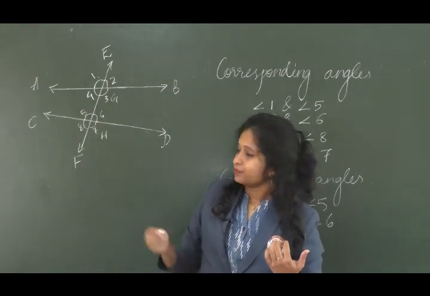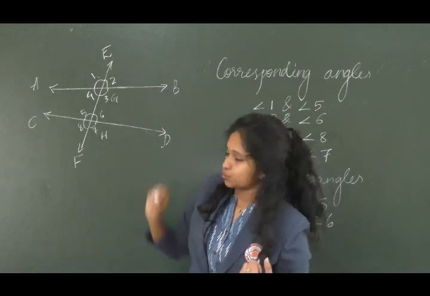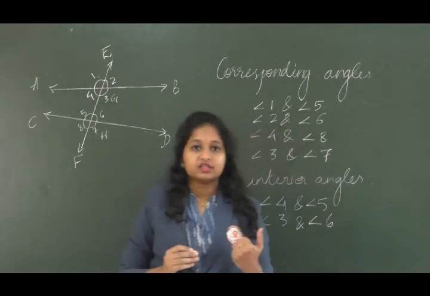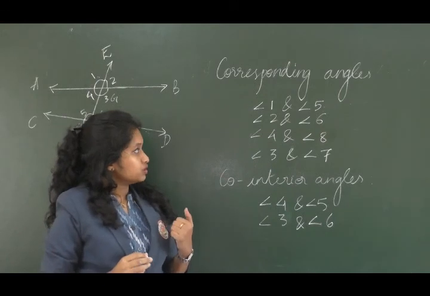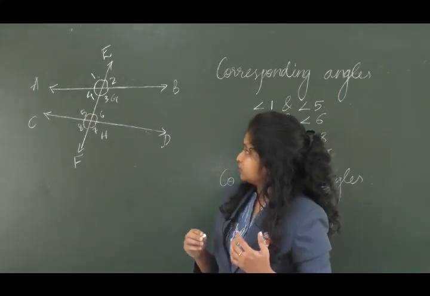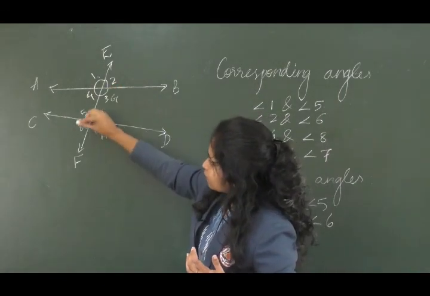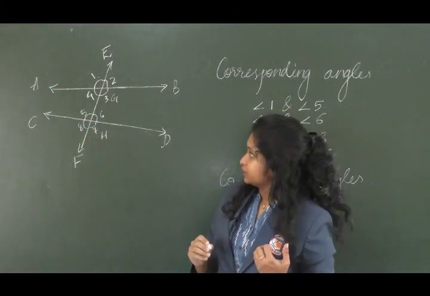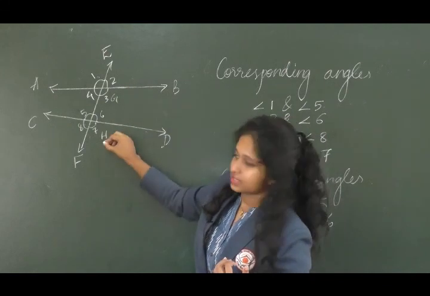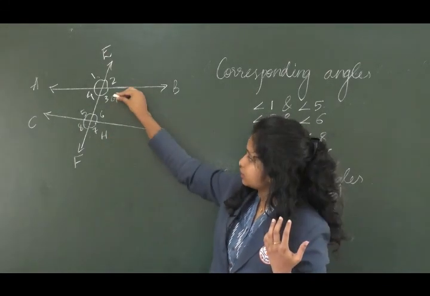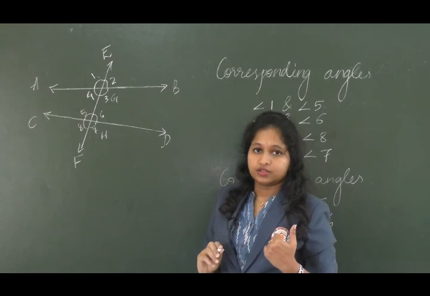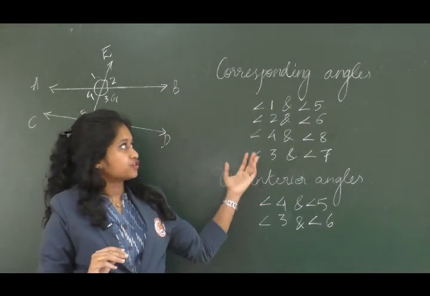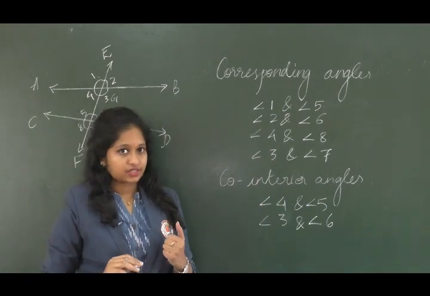And next angle 6 and angle 2. 6 is interior and 2 is exterior. The next is angle 4 and angle 8. 4 is interior, 8 is exterior. The next is 3 and 7, where 3 is interior and 7 is exterior. So these are the pairs of corresponding angles.